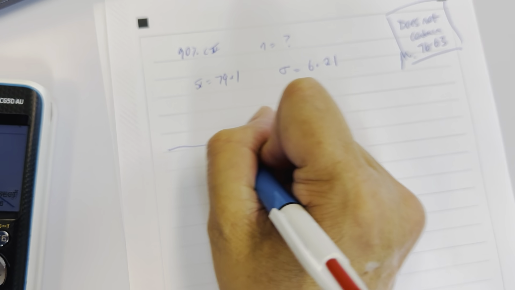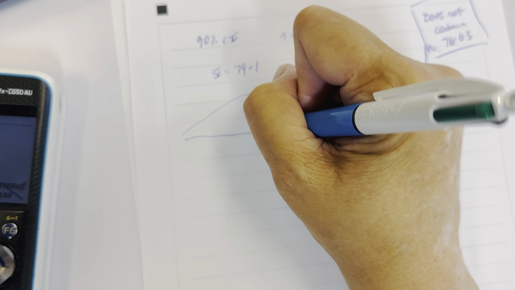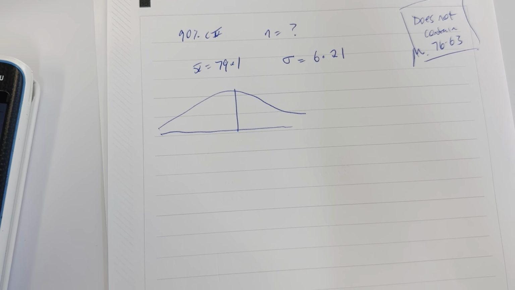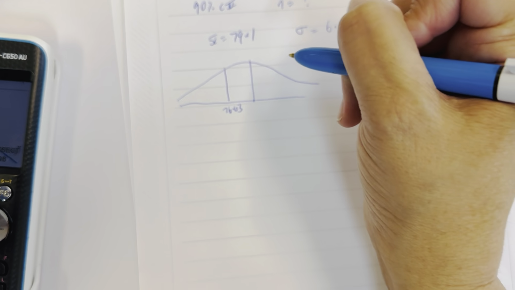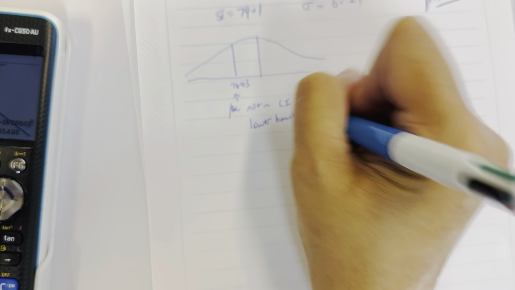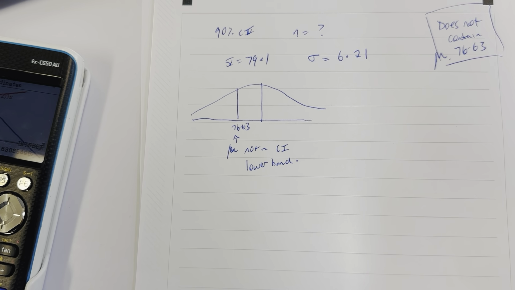So in our normal distribution, 76.63 is our mu, not in the CI, so we're going to say it's below our lower bound. So our lower bound is the sample mean minus z over square root of n.